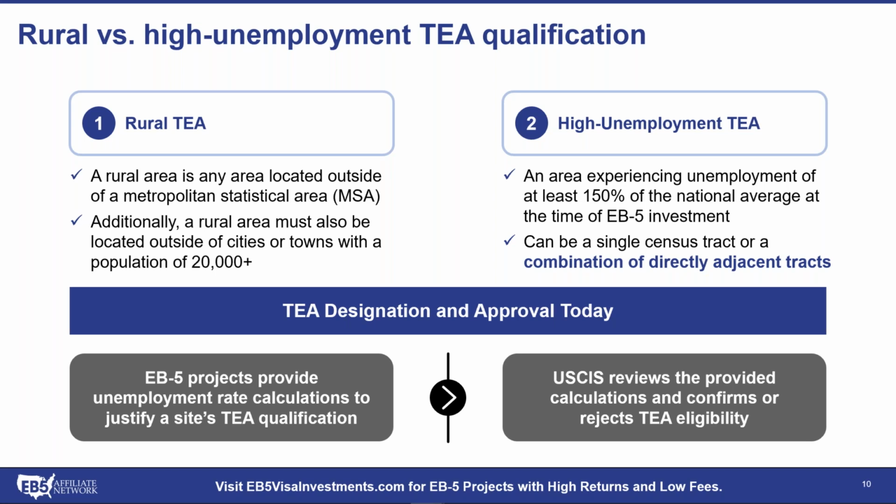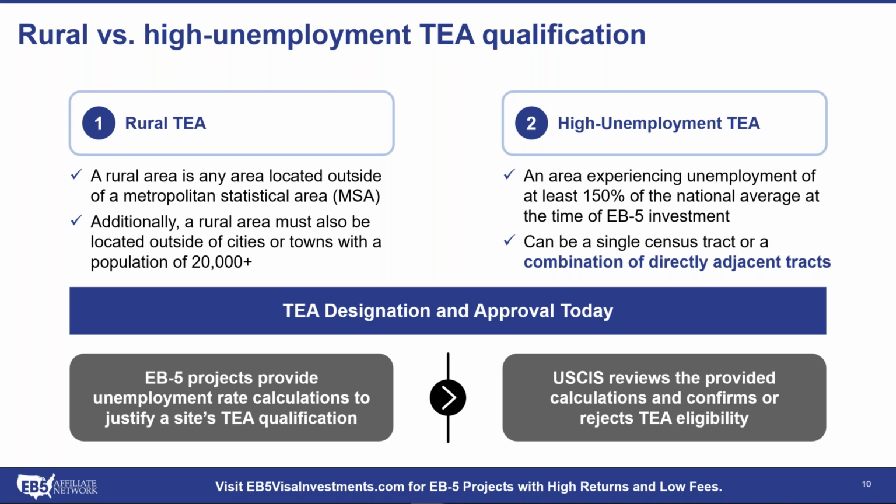And it's important to note that under the new rules, that area where your project is located must either be a single census tract or a combination of directly adjacent tracts, so tracts that are immediately next to each other. You can no longer combine many, many tracts in like a string. It's the tract where your project is located and any directly adjacent tracts if needed.